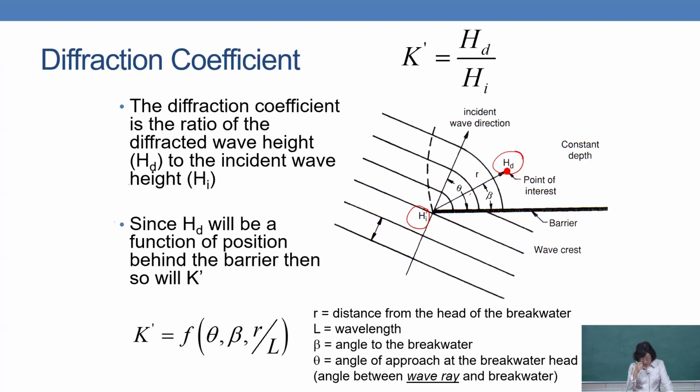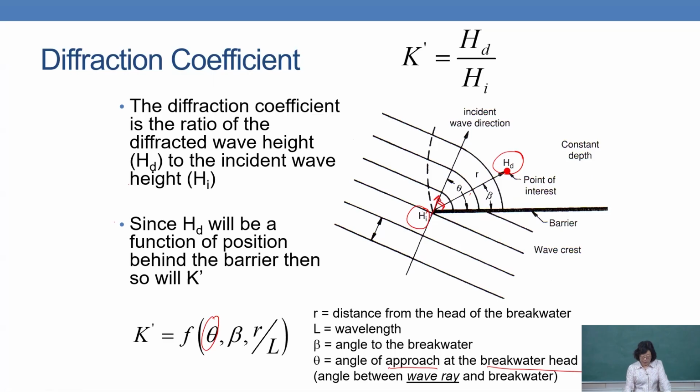So what are they? First will be theta. What is theta over here? Theta is the angle of approach at the breakwater head. If the wave is coming from here, this will be the angle theta.